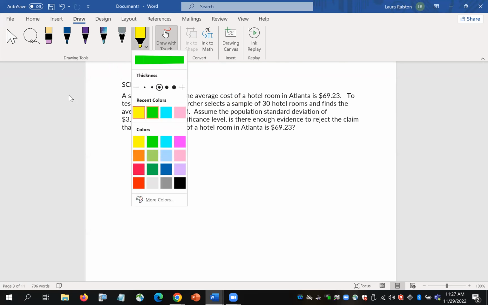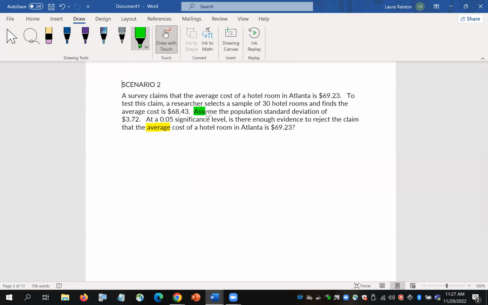I also notice that in the middle of this problem, it says assume the population standard deviation of $3.72. Okay, and I only have one measurement. It's talking about the average cost, and it's talking about average. So that would mean I have a one mean z-test.